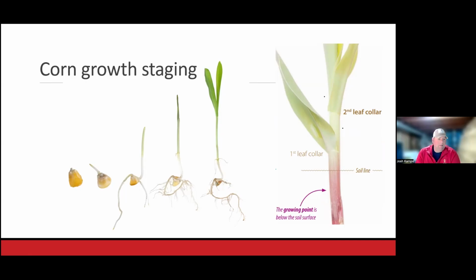And then on the left-hand side of this screen, I have another image that shows that germination and development of that early corn seedling. That very first leaf is going to be the true leaf. It's going to have a rounded tip on it, but where that meets the stem, that is considered the first collar.